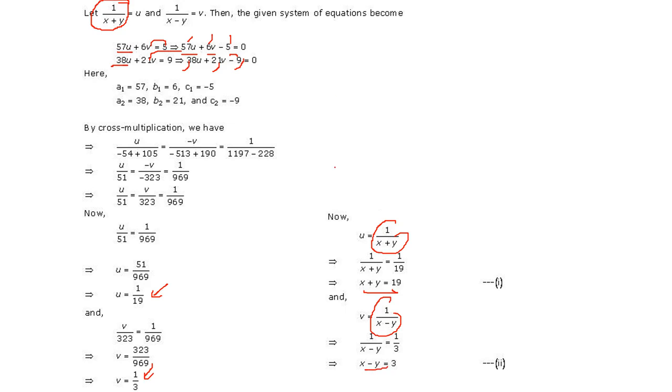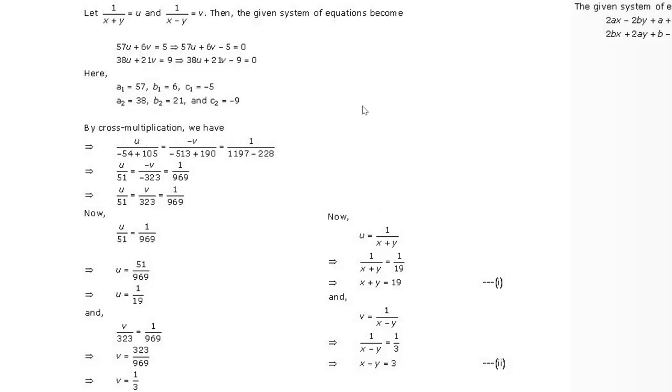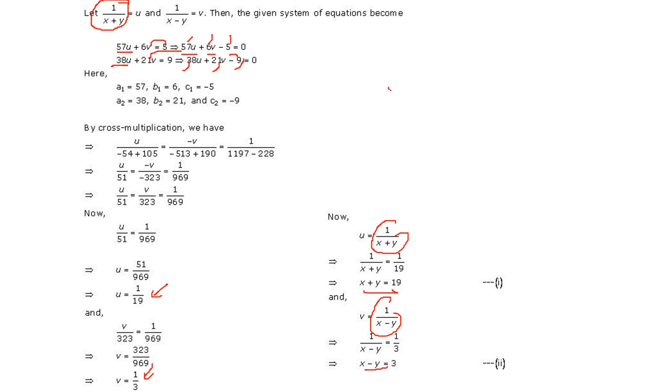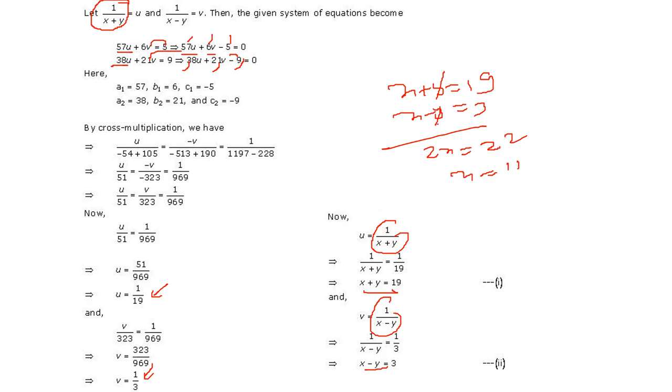So if you want, I can just solve it like this. x plus y equal to 19, x minus y equal to 3. Just add them, this gets cancelled. 2x will be equal to 22, right? x will be equal to 11. So if you see this x is 11, so what will be this y? It will be 8. y will be 8. This is the solution.